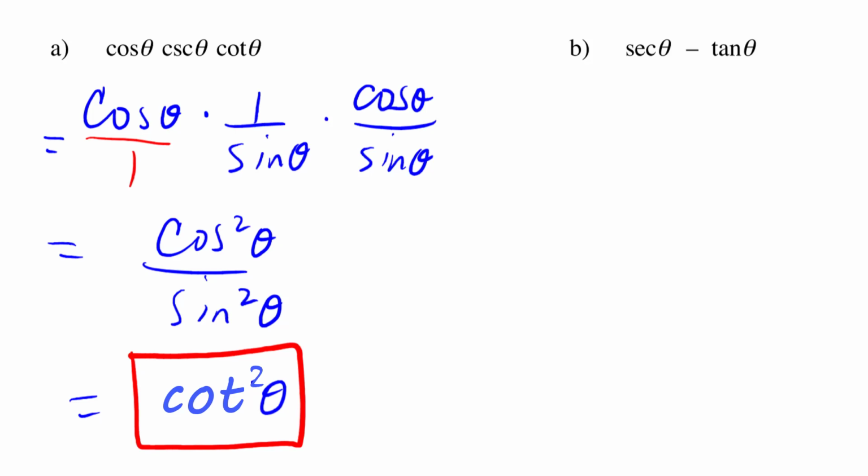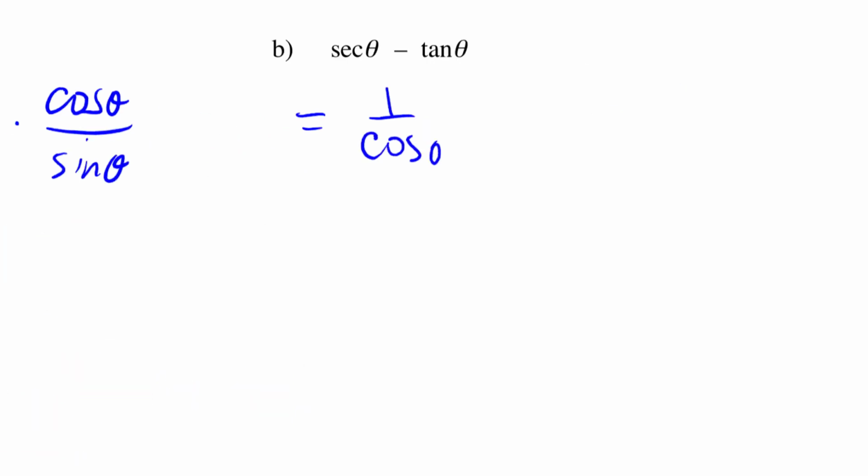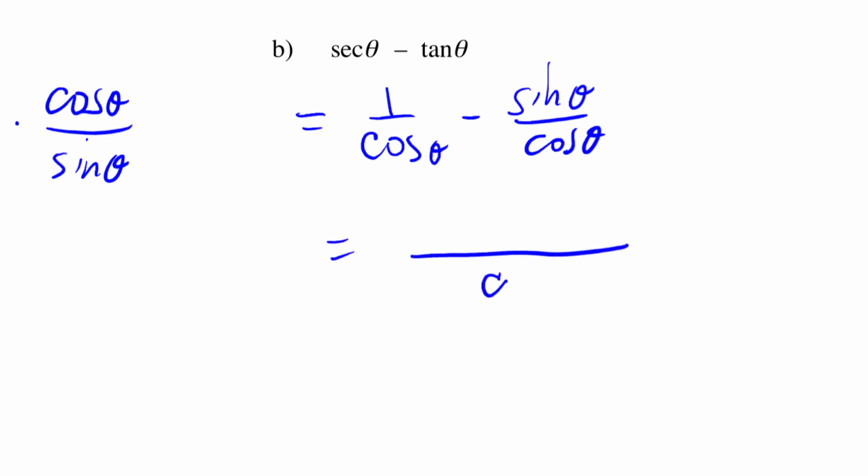All right, for our next example, we have secant theta minus tangent theta. Secant, that's 1 over cosine theta. Tangent, that's sine theta over cosine theta. In this particular case, what we have are two fractions, and they have the same denominator. That means that we can combine them into a single fraction with that denominator of cosine. So it's 1 minus sine theta over cosine theta.